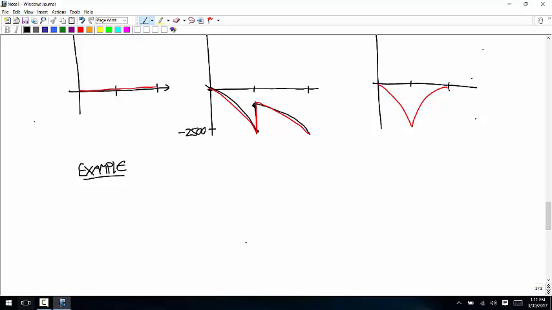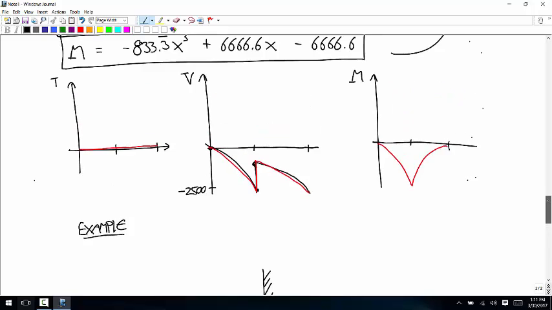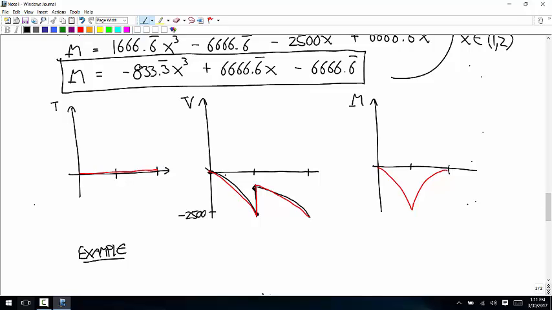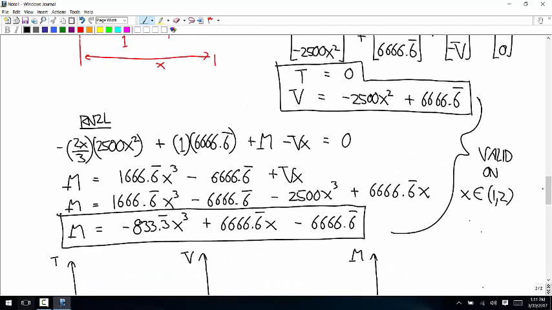Okay, so the last example I'm going to do. That one in the middle? Yeah. So it had a jump, yeah, of positive 6666.6 repeating.